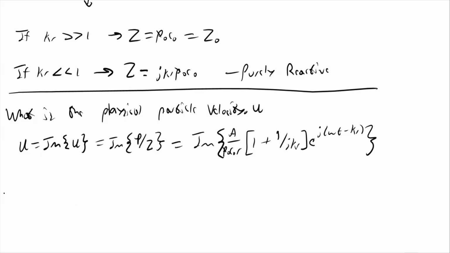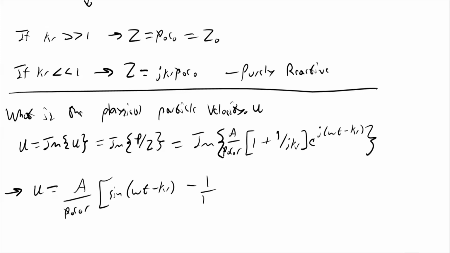If you take the imaginary component, u is equal to a over rho naught c naught r times sine of omega t minus kr minus 1 over kr times cosine of omega t minus kr. So that's our expression for the real physical particle velocity.